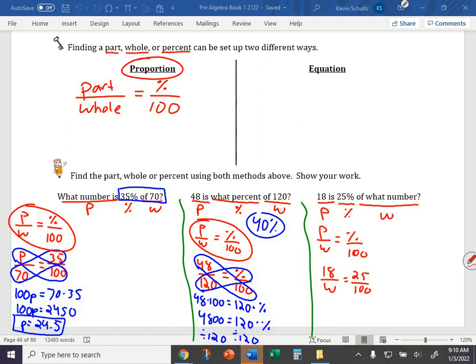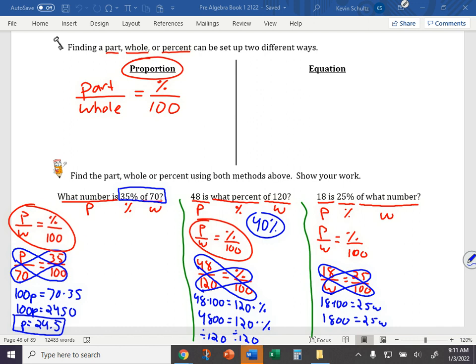Using cross products to solve this, 18 times 100 is equal to 25W. 18 times 100 is 1800. But how do I solve for W here? By one step.